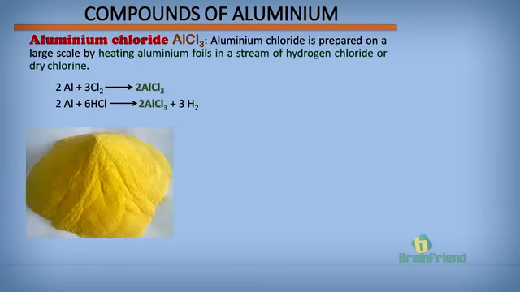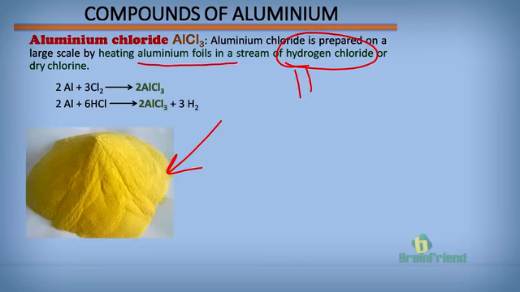Aluminium chloride. This aluminium chloride is prepared on a large scale by heating aluminium foils in a stream of hydrogen chloride, or dry chlorine.